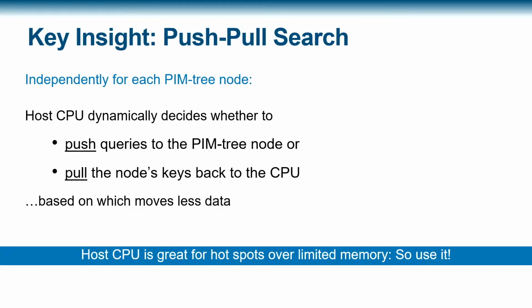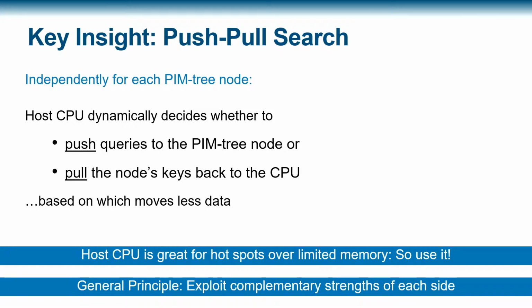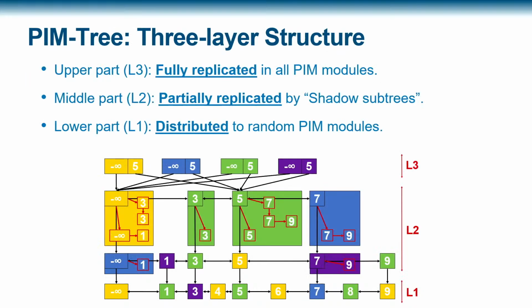That's a reasonable assumption. And so it has enough memory to hold one round's worth of hotspots. Again, the general principle is that each side has complementary strengths. You want to design algorithms that exploit the strengths of each.